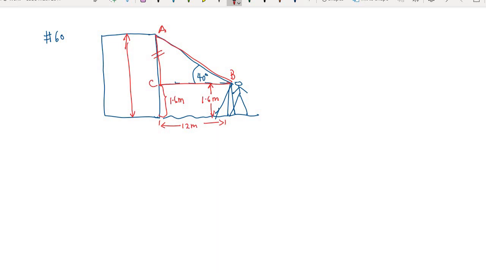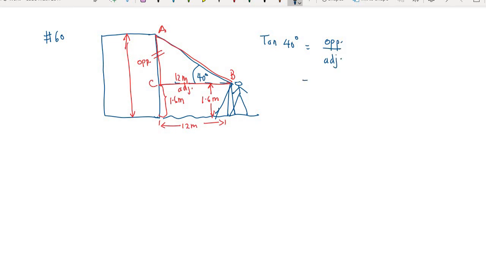We know in this triangle, this length BC is 12 meters, it's adjacent to the angle, and we need the opposite. So the trigonometric ratio that connects the side opposite with the side adjacent to the angle is your tan ratio. So you have tan 40 degrees is equal to, sorry, side opposite over side adjacent.